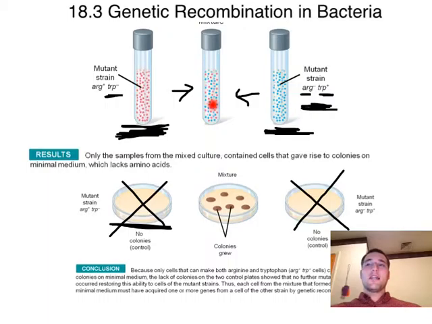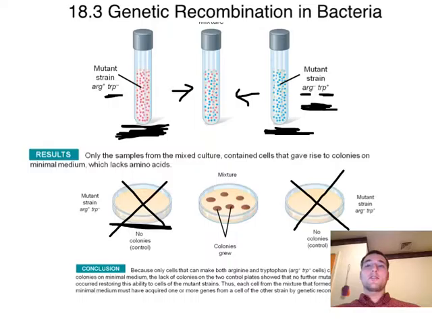This is giving us an idea that somehow bacteria can exchange genetic material, or join genetic material, or something like that. Okay, which is huge for them because it means that now we've got a bacterial strain here that genetically did not exist before. We've got genetic recombination.